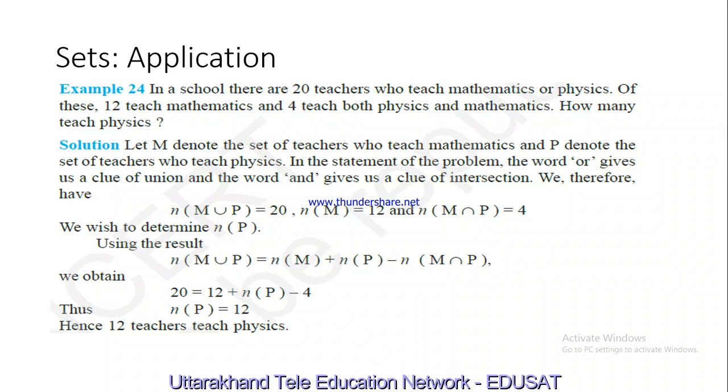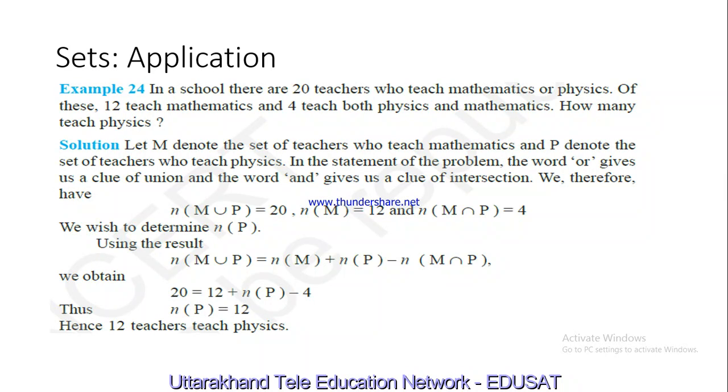Now also you need to understand, whenever you come across this word or, you can see that particular word here in the first line, this is an indicator that basically this is the union of the two sets. So or means union, and if in place of both, and has been mentioned, this means intersection.